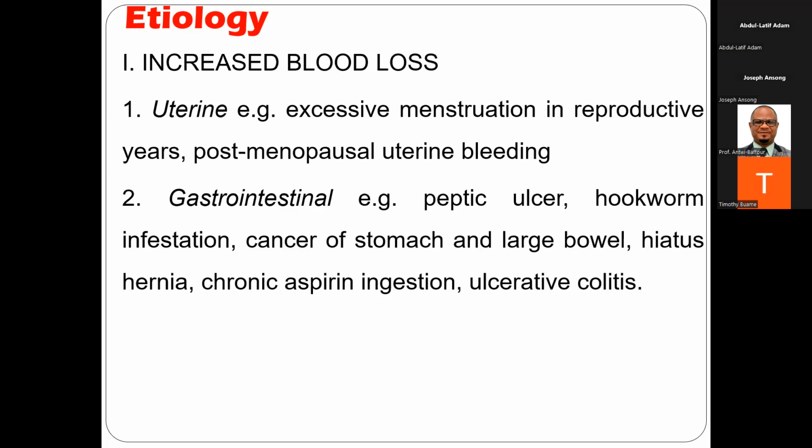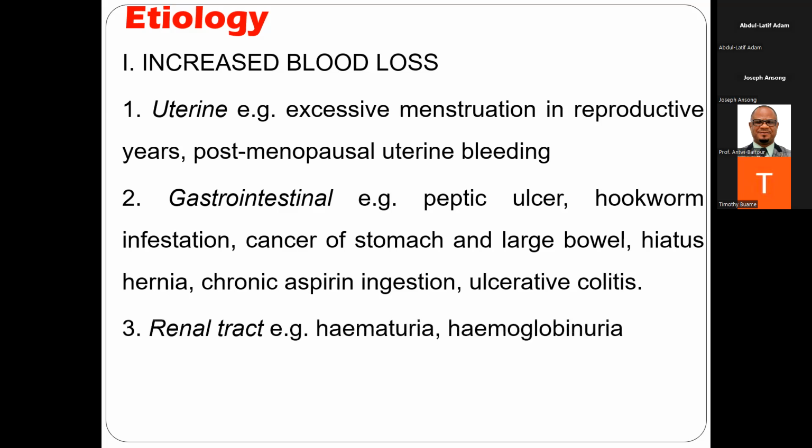Then we have respiratory tract loss and renal tract loss, where you see blood and fluid in the urine. Then epistaxis, nosebleeds, and bleeding through the lungs.